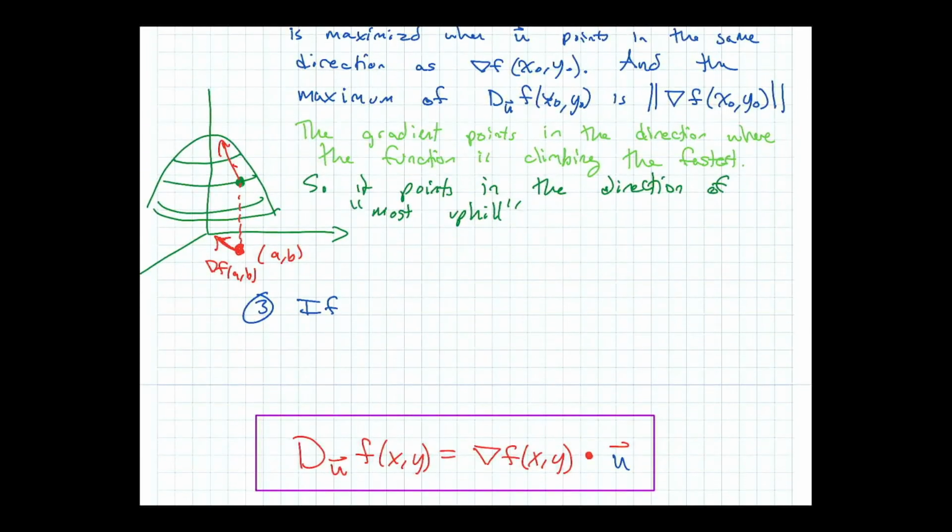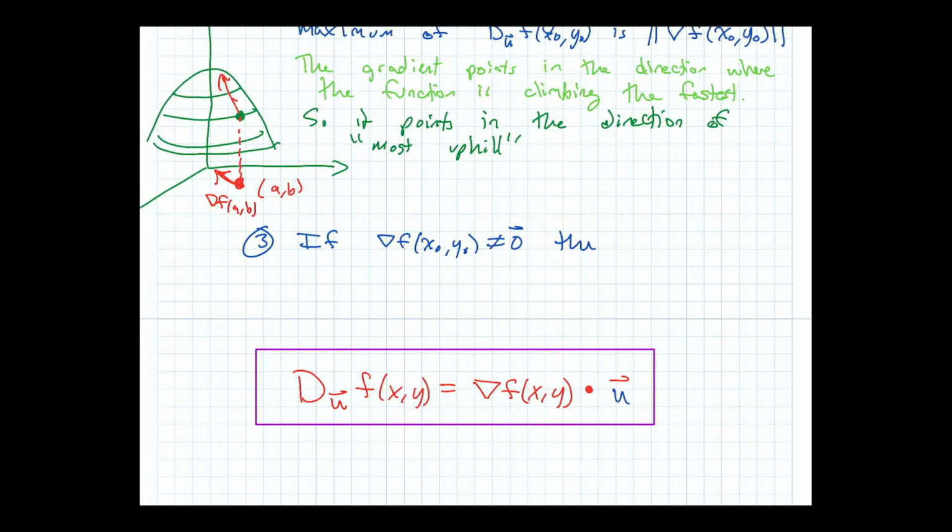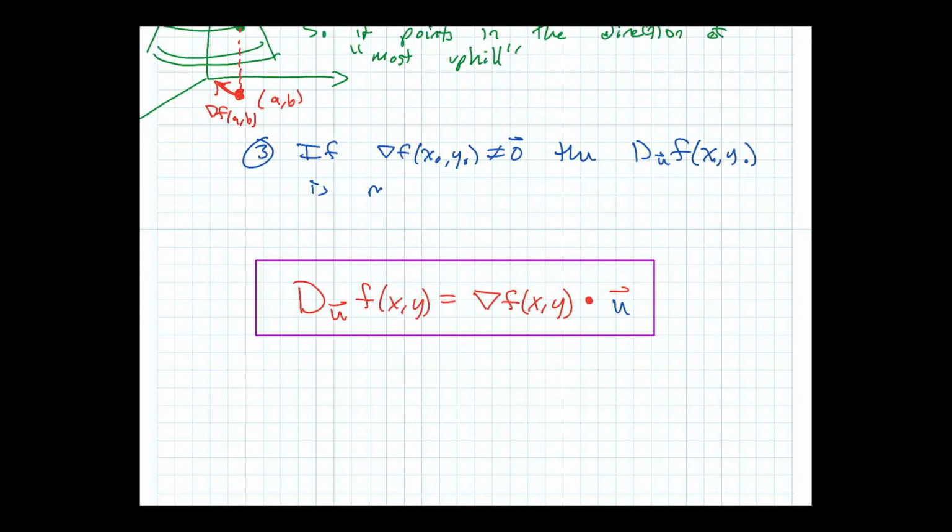If, again, the gradient is not the zero vector, then the directional derivative in the direction u at (x0, y0) is minimized, which actually doesn't mean zero.